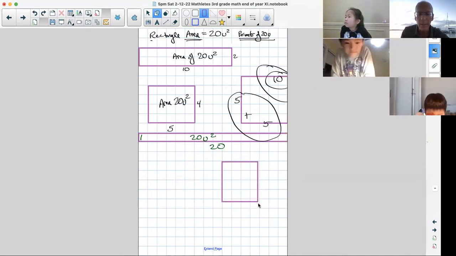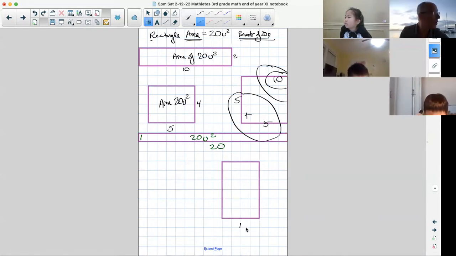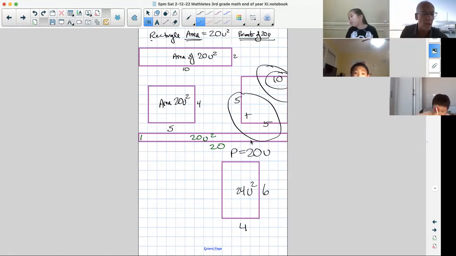Guess what, guys? 4 by 6, guys, that definitely gives you 24 square units, but it gives you a perimeter that's equal to 20 units. Jason B, that was beautiful. Now, does anybody have another one?